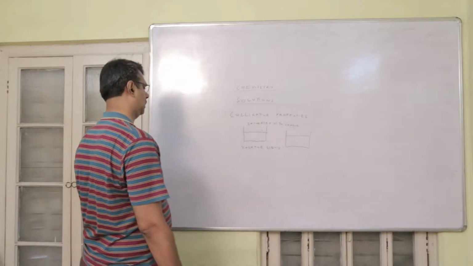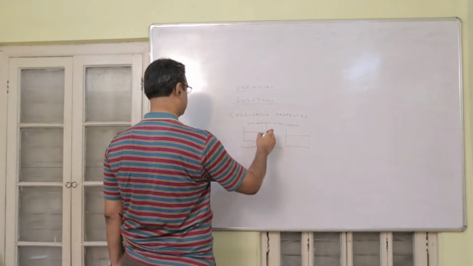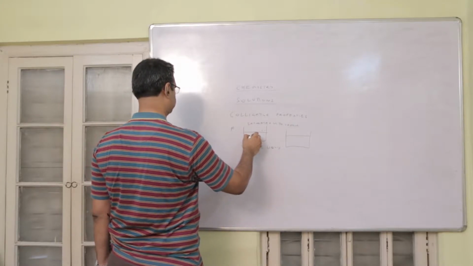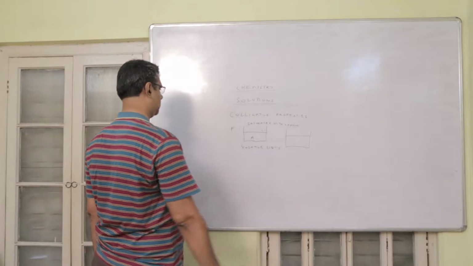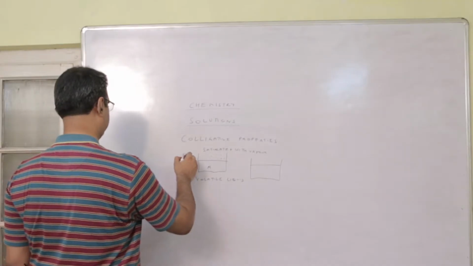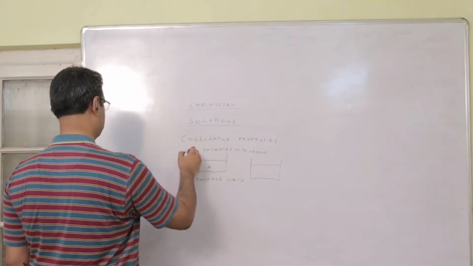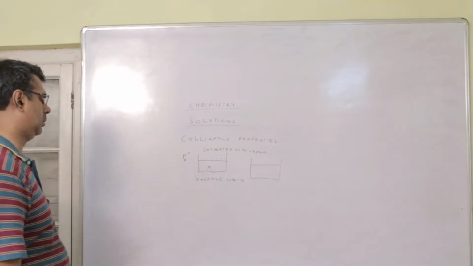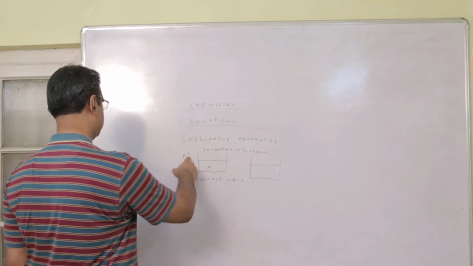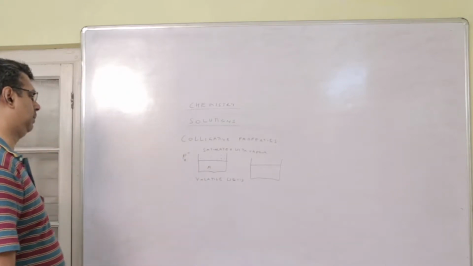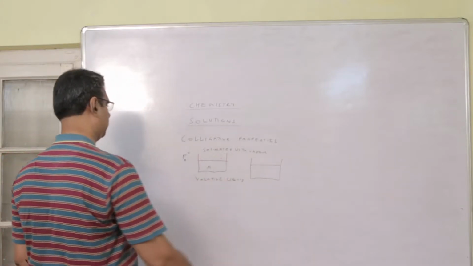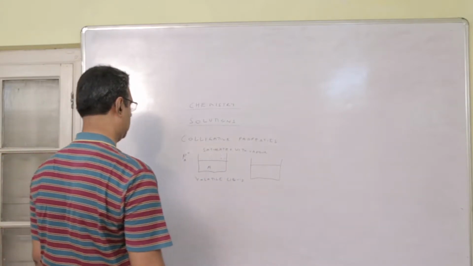Now, the pressure of this vapor, suppose this liquid is referred to as A, then the pressure of the vapor due to the liquid molecule A is written as PA naught. So PA naught is the vapor pressure due to the liquid molecules which have passed into the vapor state.